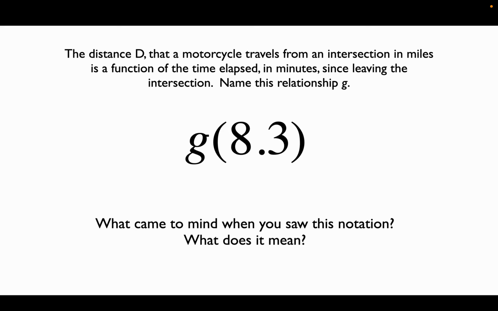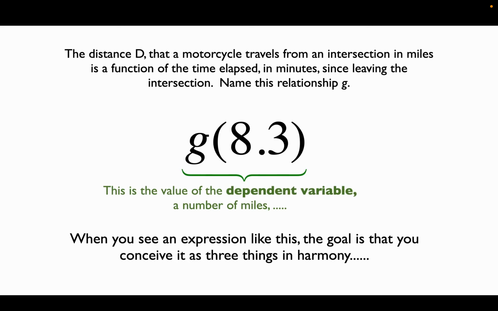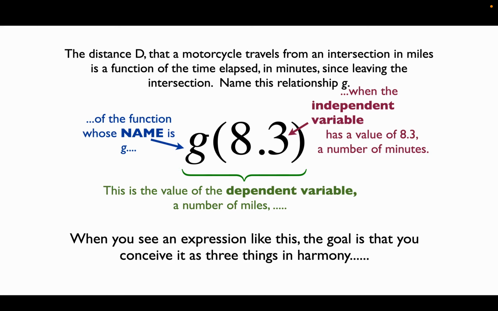D equals g of time, whatever symbol we're going to use for that. That's all of this. The dependent variable value, or the output value, is the whole thing, g of something. G is the name of the relationship that tells us what things we're relating, and the thing inside the parentheses is what you would plug into the formula, or the input, usually the part that you get to choose.